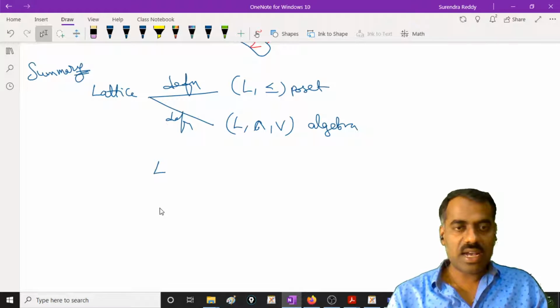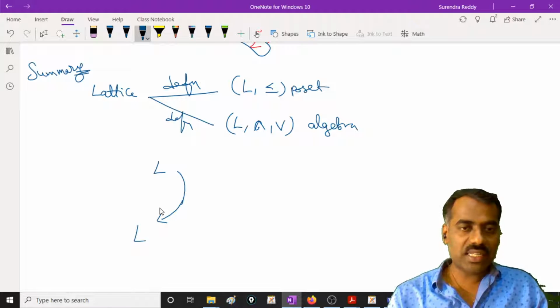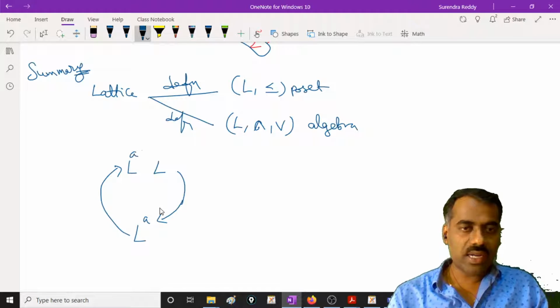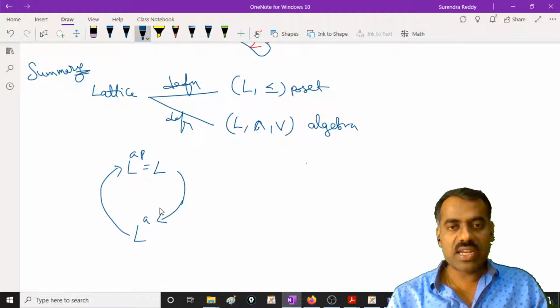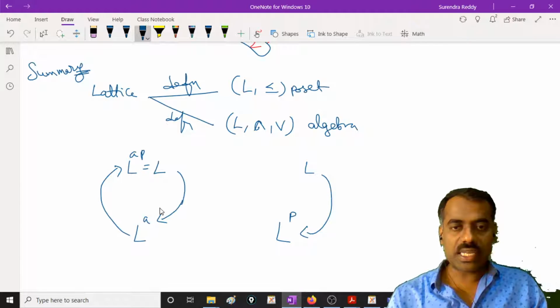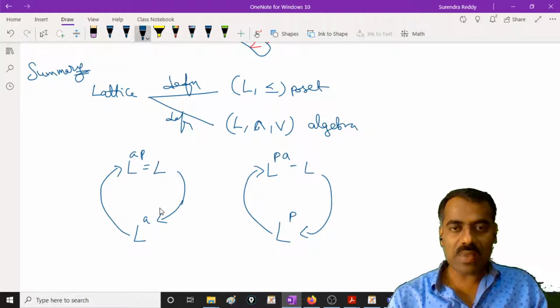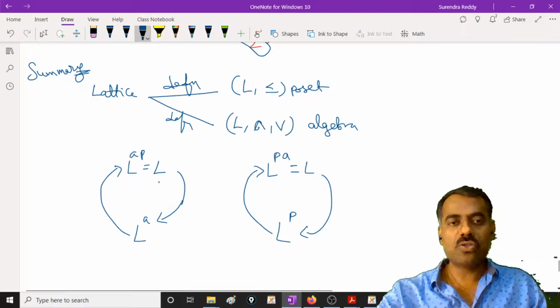Means somebody mute your microphone. So you have seen that from L as a poset, I got an algebra. Then from an algebra, I got again a poset. We have seen that they are the same. And the other one, I start with L as an algebra, then I get a poset. Then from that poset, if I get an algebra one more time, I get this. These two things we have seen.